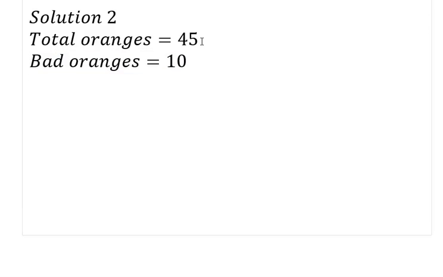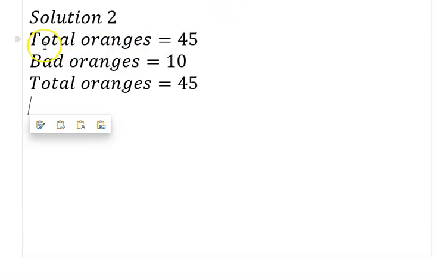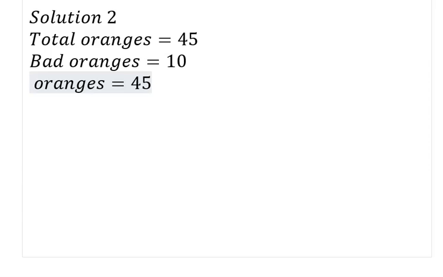By implication, if the total oranges are 45 and 10 are bad, that means those that will be good will be 45 minus 10. That will give us 35. Though we are not given, it is just common sense that if you have total oranges to be 45, 10 are bad, then 35 will be definitely good.